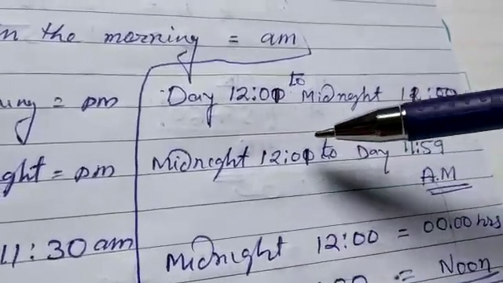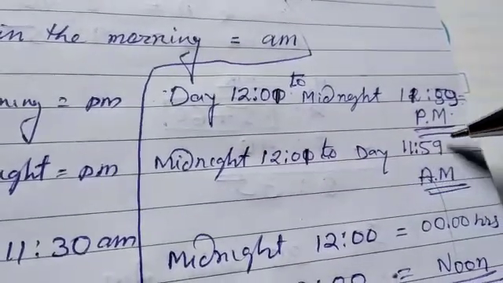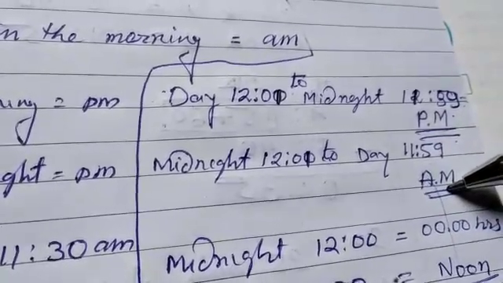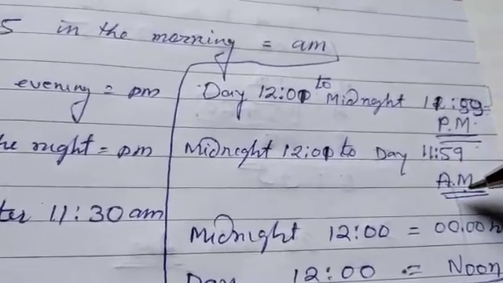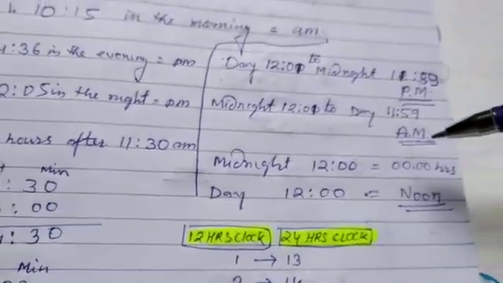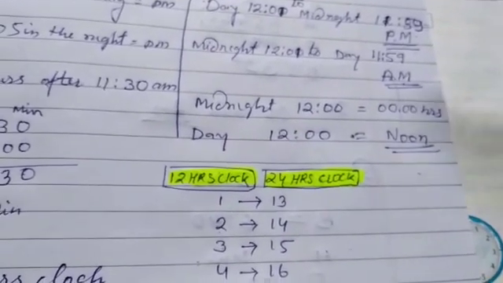And midnight 12 hour 1 minute to day 11:59, that much time we consider AM. So this is the time period we consider AM or PM. You have to keep this in mind.